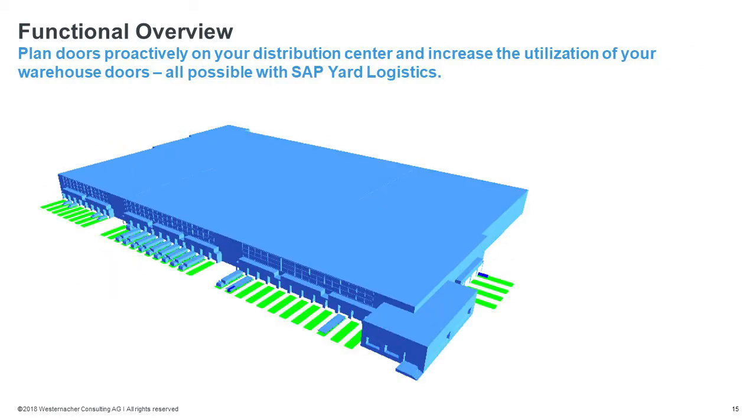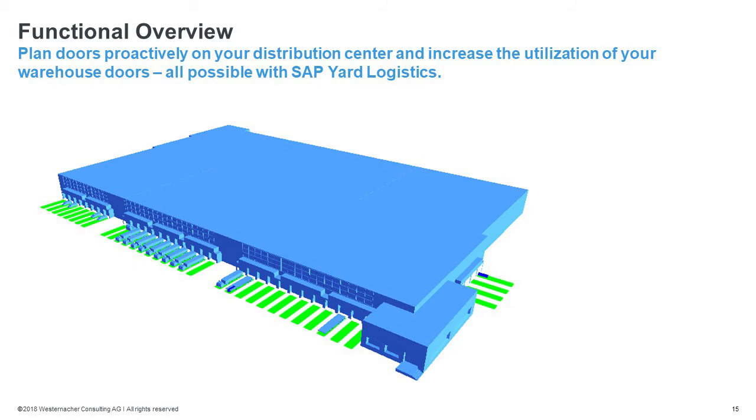Then another example is a big distribution center. Trucks would arrive at the distribution center. Now I need to do really good upfront planning, because my doors need to be pre-planned. I need to make sure the warehouse integration is there. I'm coming to that in a second as well.